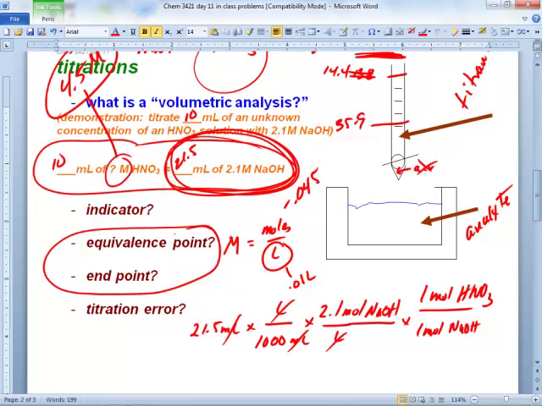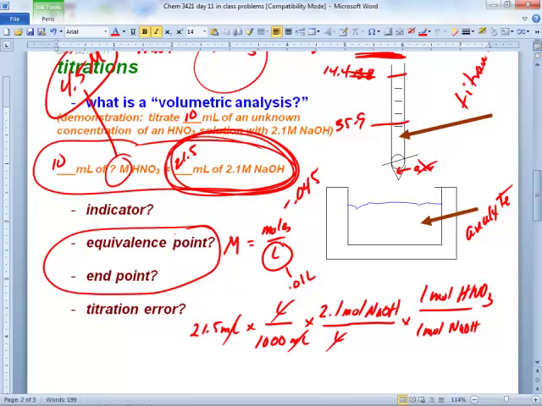It's a very small amount, though, because there's not a whole hell of a lot of calcium in there. You look at all the gallons of water that have to come out of this for you to even get a little bit of calcium. There's micrograms there. There's not a whole lot, but it's there. And then the indicator itself, too. So you have a couple things where this NaOH isn't reacting with just the HNO3. It's also this other stuff. So this number is really a little bit too high.